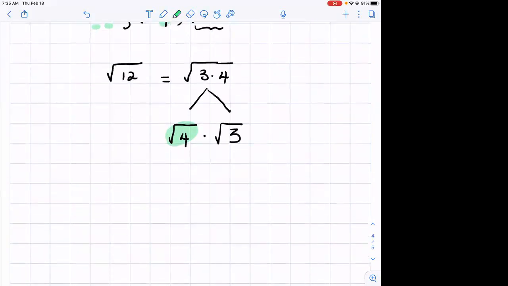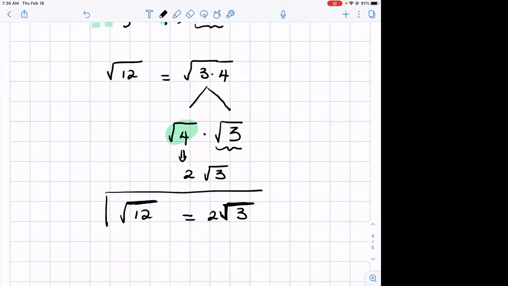The reason I do that is because I know the square root of 4 is 2, and the square root of 3 cannot be simplified, so we just write square root of 3. So we say the square root of 12 is the same as 2 root 3. And please make sure when you make your radical, right, that the line at the top covers everything, or covers the radicand, okay? Very important. And this is our final answer here.